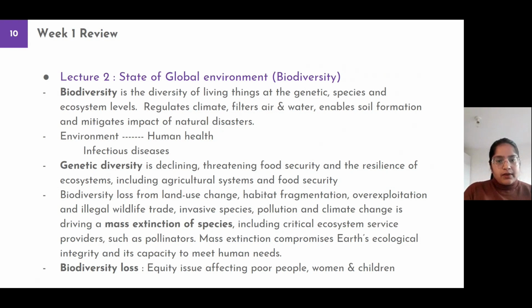Also, because the food chain and food webs are connected to each other, a particular organism is connected to another organism, and they help in regulating the population of particular organisms.